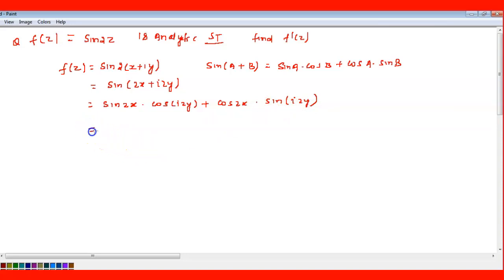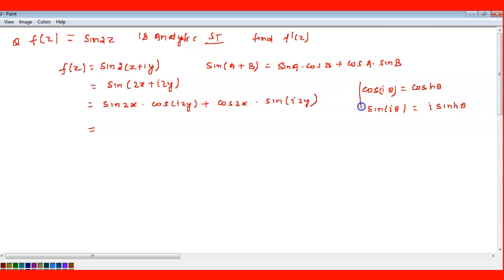Now we have to keep in mind this one. If you don't know, you have to keep in mind cos of i theta is equal to cos hyperbolic of theta. This is called hyperbolic function, this is trigonometric function. So if cos of i theta is given, you can write cos hyperbolic. And if sine of i theta is given, it is i into sine hyperbolic theta.